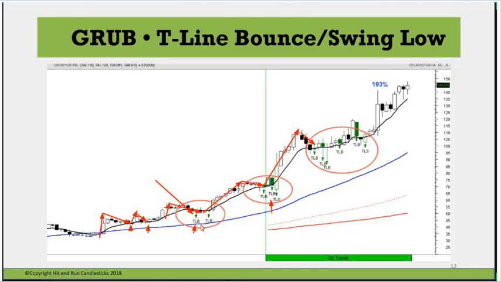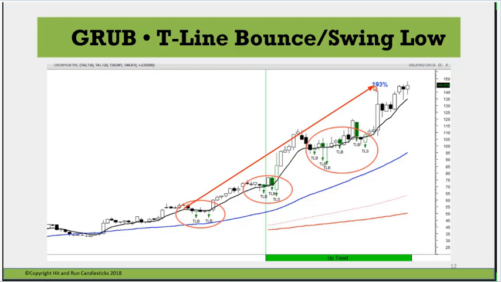Well, that alerts you. That's on your chart. I didn't write that in. I mean, the red circle is mine, but the green arrow TLB, that just shows up. How cool is that? Well, how about 193% cool? Now, come on.